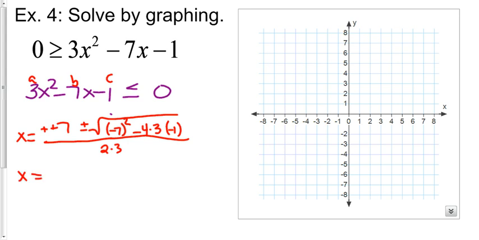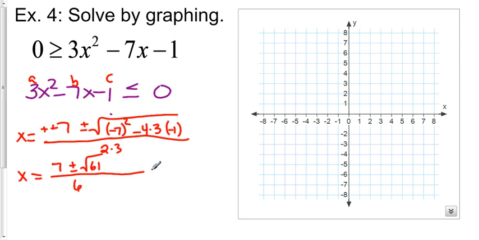Okay, so let's just simplify this quickly. We've got positive 7 out in front, plus or minus, under the square root sign, we're going to end up with 61. And I'm pretty confident that there's no perfect square that will go into 61 here, so that is already simplified. And then on the bottom, 6. So these are the two solutions: 7 plus the square root of 61 over 6, and 7 minus the square root of 61 over 6.